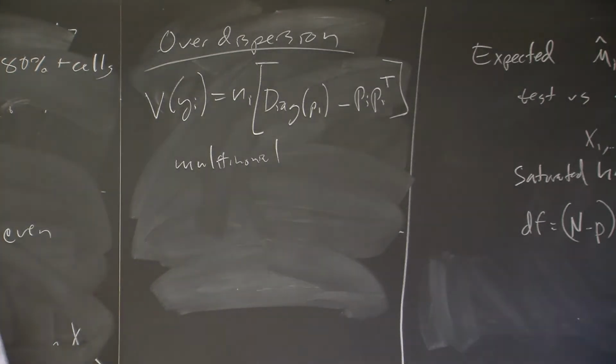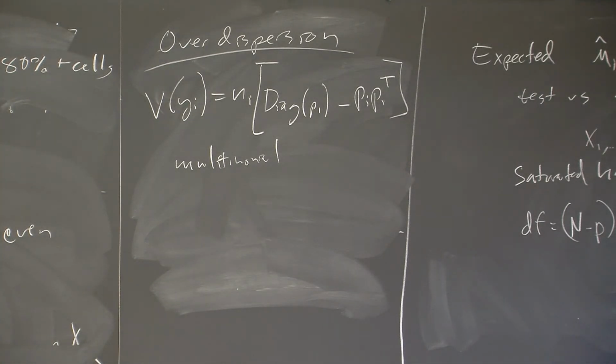And we could get an actual covariance matrix that has larger variances than that.